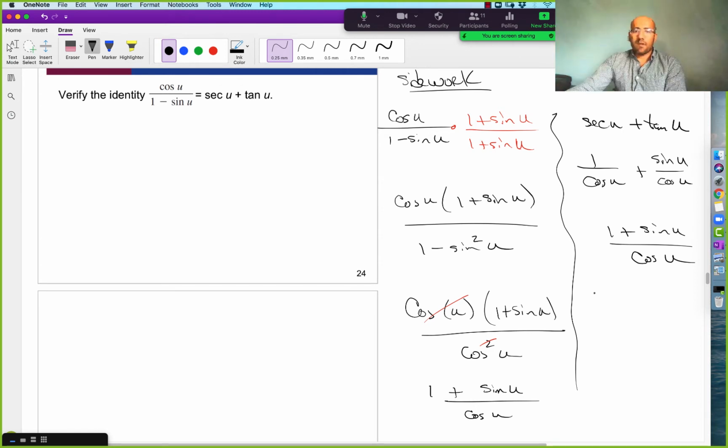See how this side equals that side? I manipulated the right-hand side and I got to this. I manipulated the left-hand side and I got to this. They equal each other. And so if I wanted to use this side work to create my formal proof, I can go in either direction now and follow this guide.